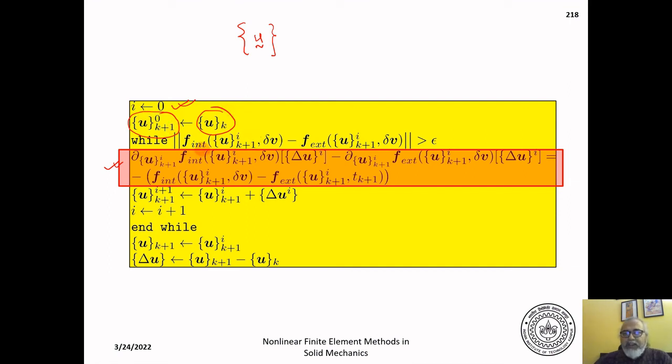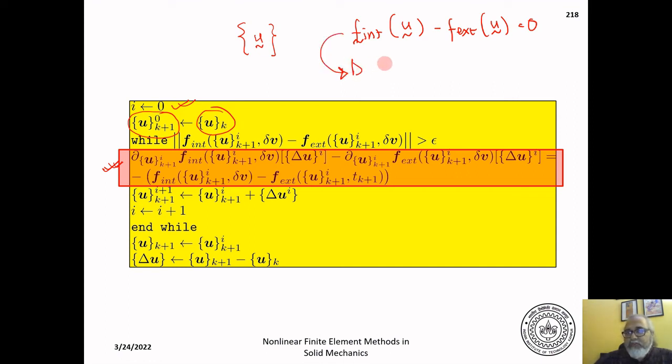Then while the difference between internal force and external force is greater than some small tolerance value, do this elemental step. In this elemental step, we take this equation, F internal(u) minus F external(u) equal to 0, and calculate the Newton-Raphson linearized form for this.